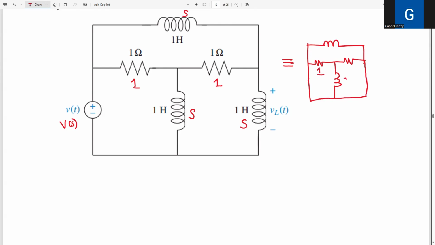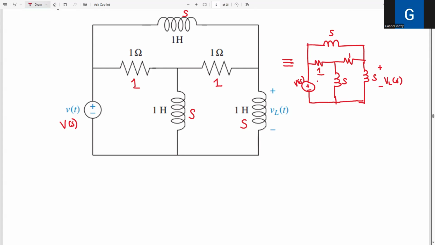this V of S, this S, and that's S. And we've been asked to find VL of S. So this has three meshes, right?